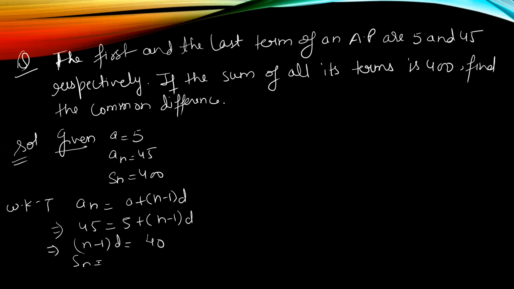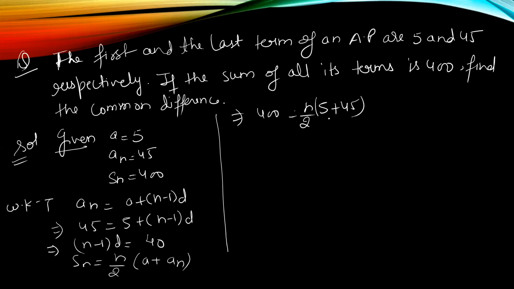So Sn is going to be n by 2 times (a plus an), or you can call it (a plus l). We have 400, which is already provided as Sn, the sum of n terms, equal to n by 2 times (5 plus 45), which gives you n equals 2 multiplied by 8, that is 16. So your value of n is 16.